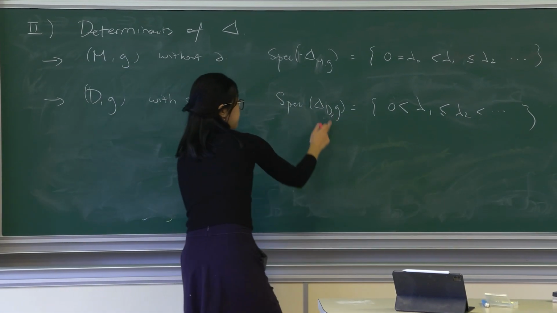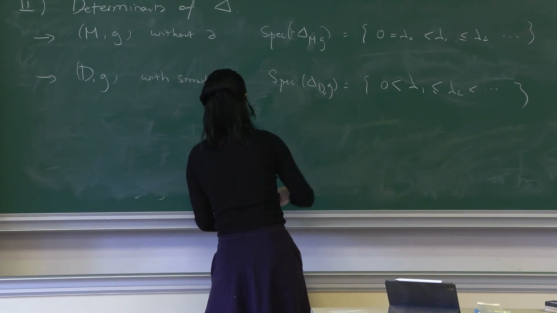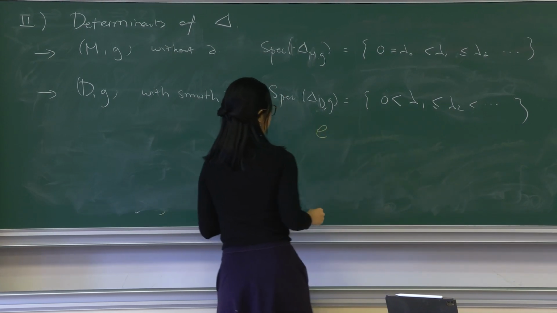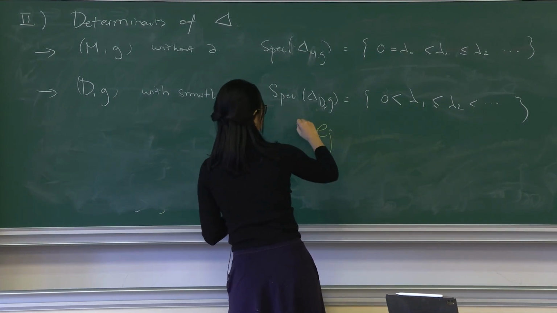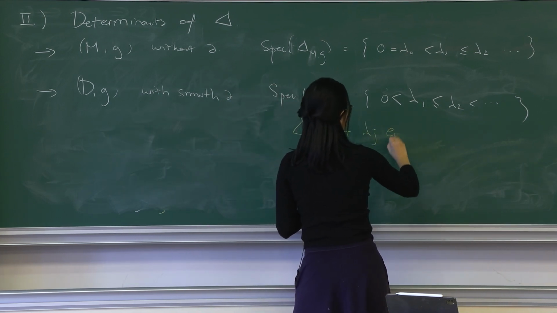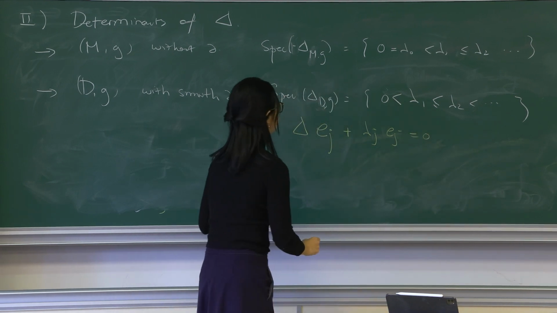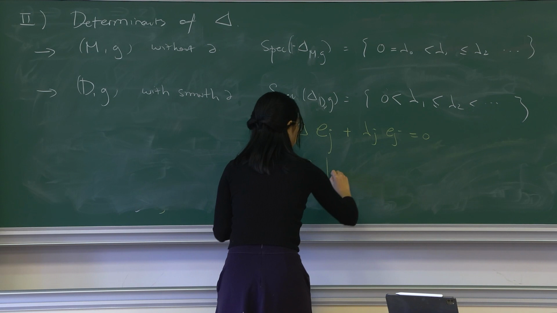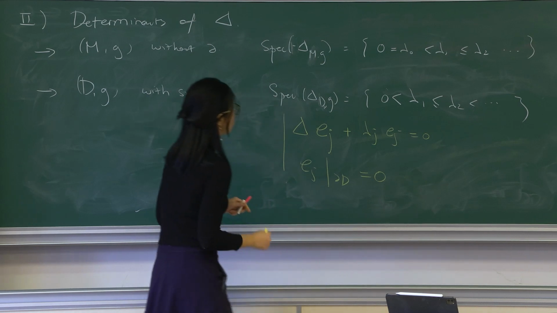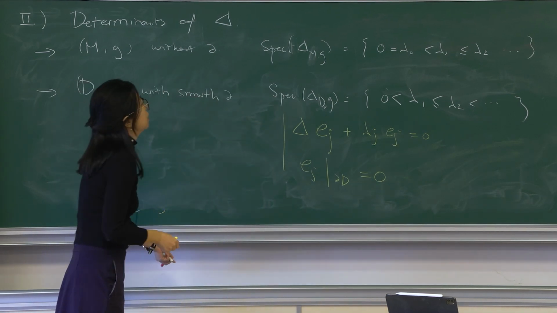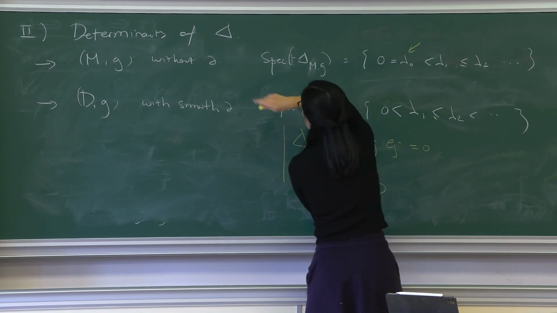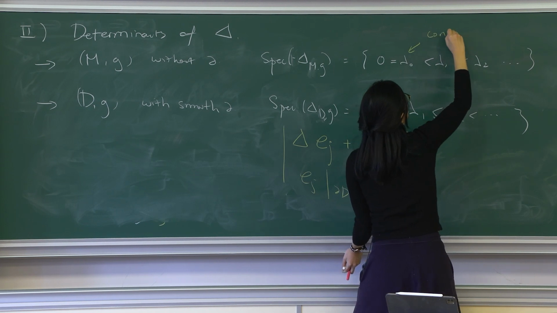And here I recall this spectrum really means that I have also a family of eigenfunctions Ej, Laplacian of Ej plus lambda j Ej equals 0, and Ej, if I restrict it to the boundary of your domain, equals 0. And the first eigenvalue of the Laplacian on the compact surface corresponds to a space of constant functions.